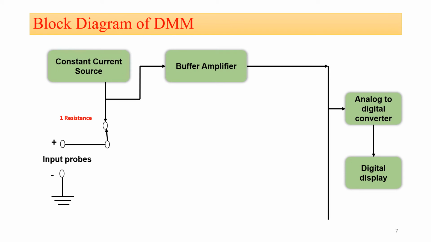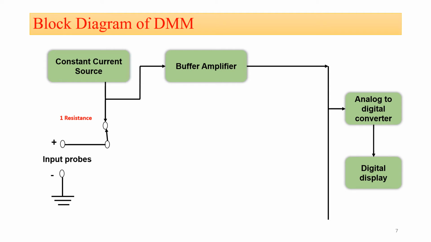Now let's see how to calculate the first electrical parameter, that is resistance. To measure the resistance by using our digital multimeter, we will require the constant current source, then the buffer amplifier, then the analog to digital converter, and finally the digital display. Now how to calculate the resistance by using our digital multimeter?